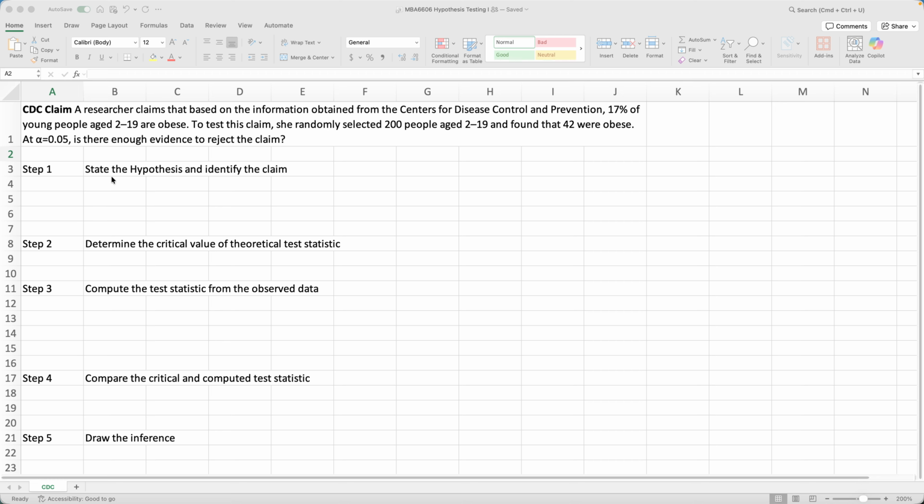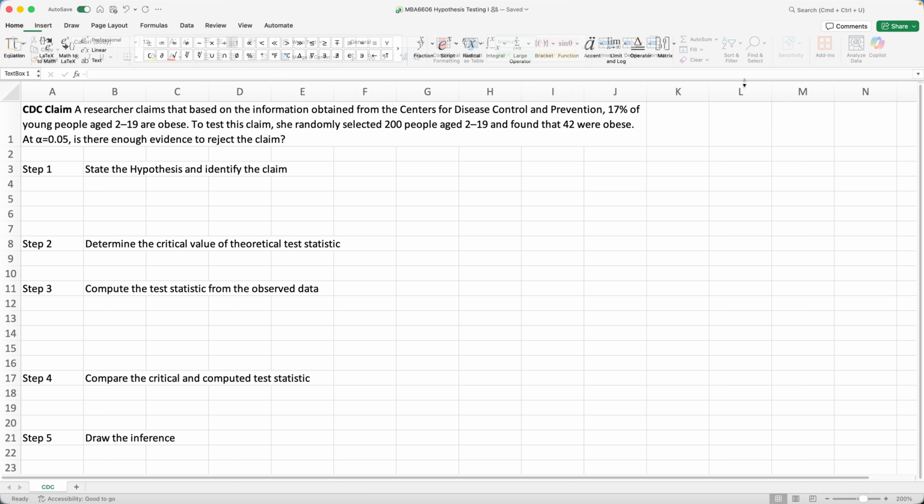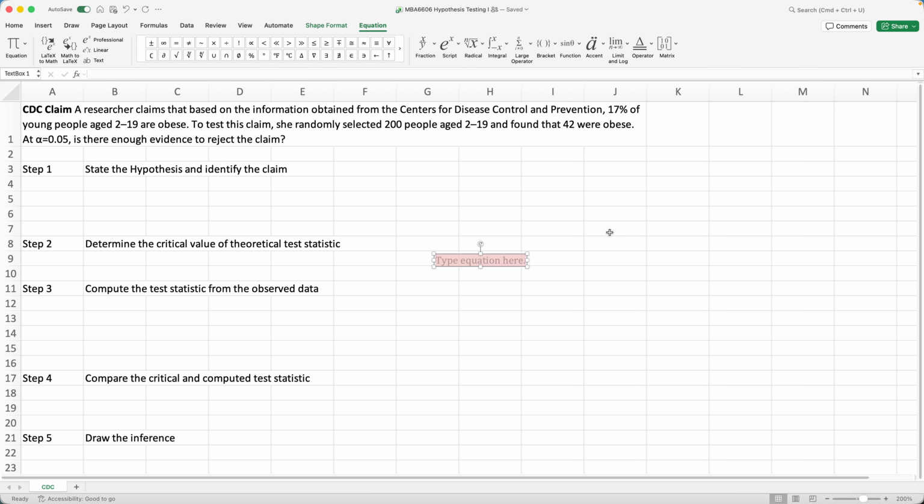Let's start with the null hypothesis. P is equal to 0.17.